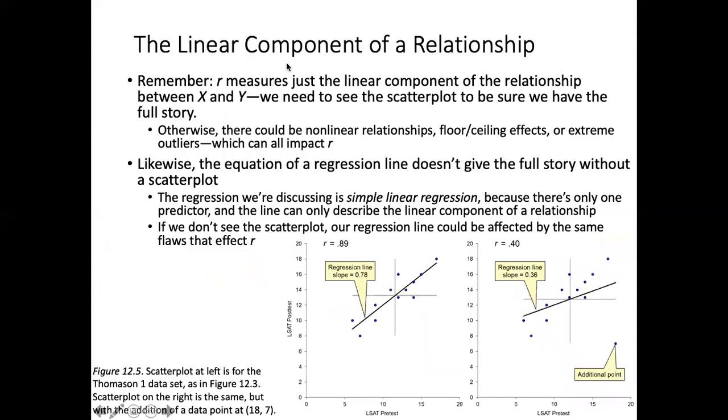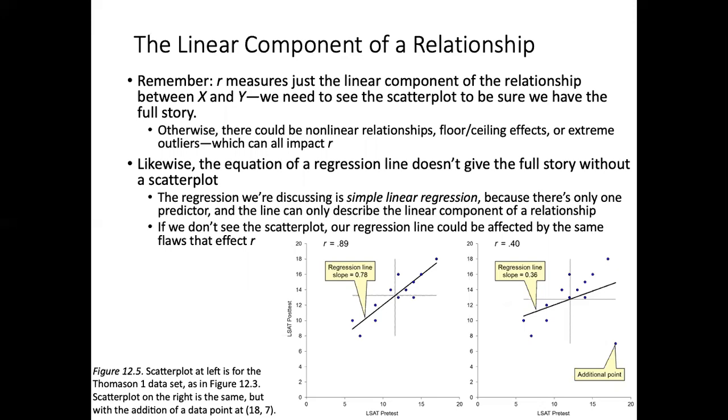One other thing to think about in general is that because we're still using correlation, we want to be worried about the same things that we worry about when we're looking at correlations. You have to look at a scatter plot if you're running a regression in order to understand whether it's even appropriate to use regression to make predictions. We want to look for things like nonlinear relationships, floor or ceiling effects, really big outliers, all the types of things that could have a big impact on r.